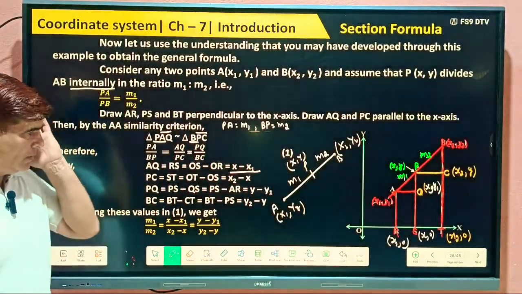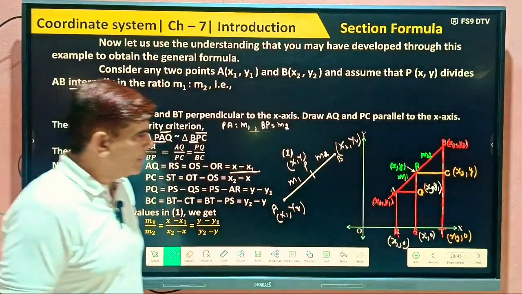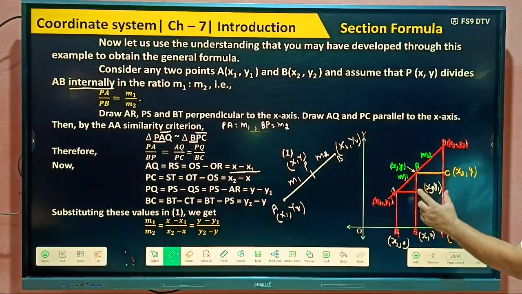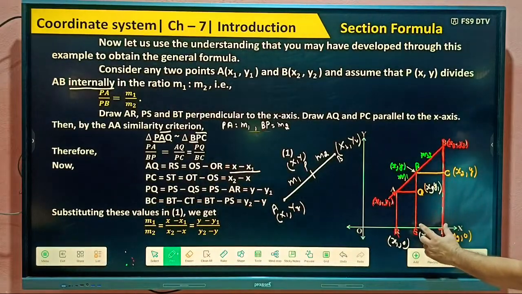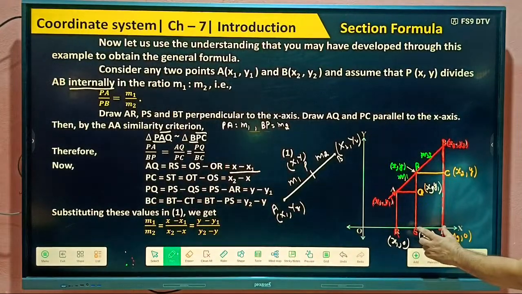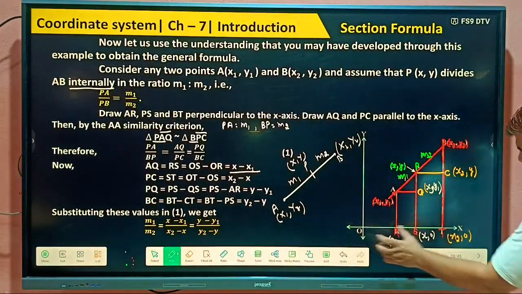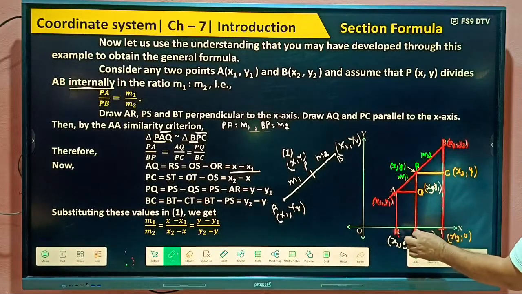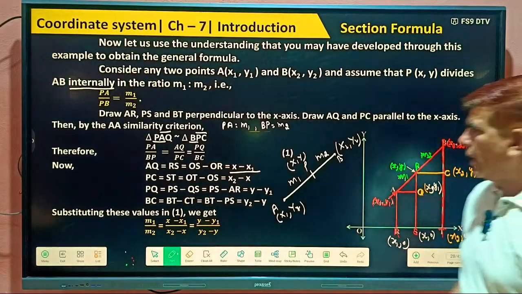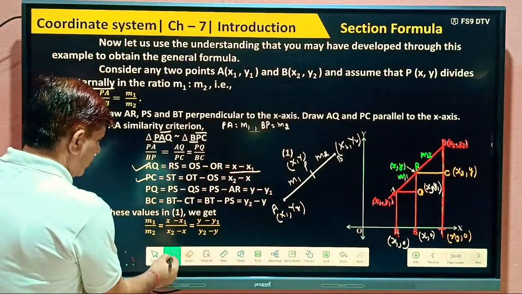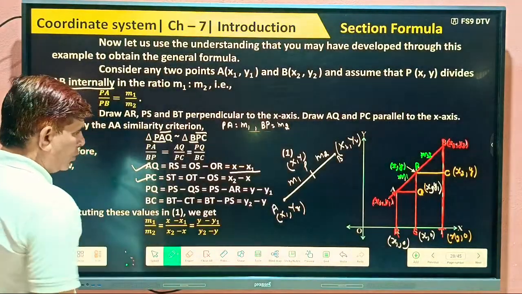Then find PC. PC is this, so we can bring it here. Why are we drawing perpendiculars? T's distance from the origin is x2, and S's distance from the origin is x units. So x2 minus x is your PC.